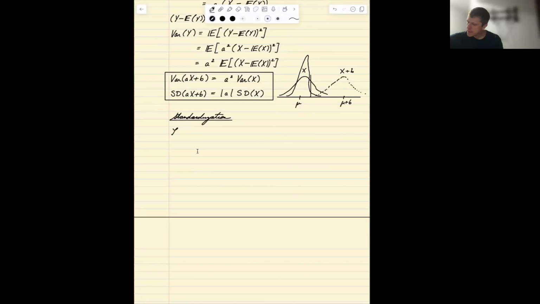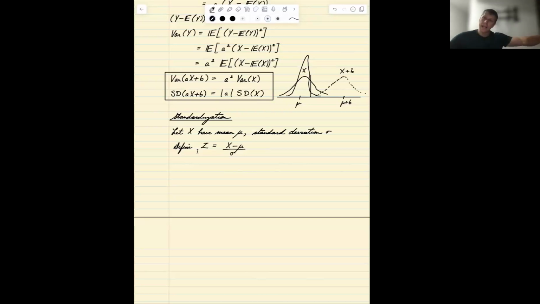So if X has a mean mu and a standard deviation sigma, let's define Z to be X minus the mean divided by the standard deviation.